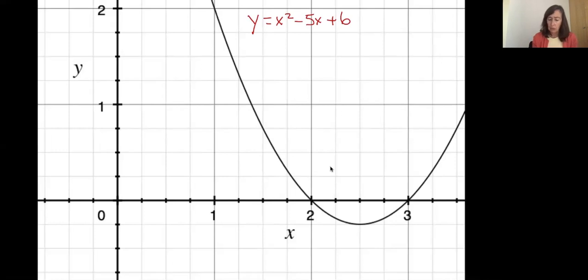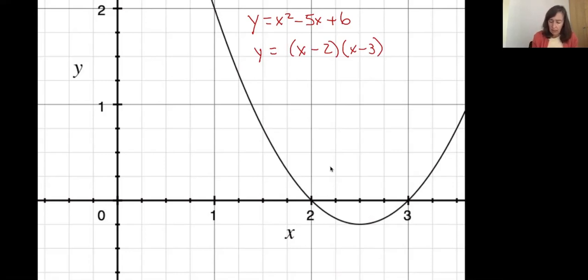We asked ourselves, what are the factors of 6 that might add up to -5? Oh, -2 and -3, that's possible. So we guessed that the expression might factor into y equals the product of x minus 2 and x minus 3. And when we checked that, it did indeed pan out.